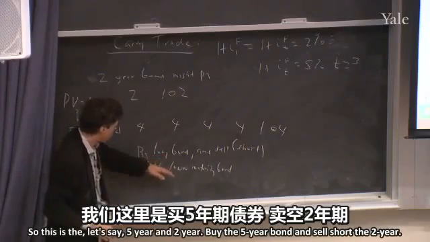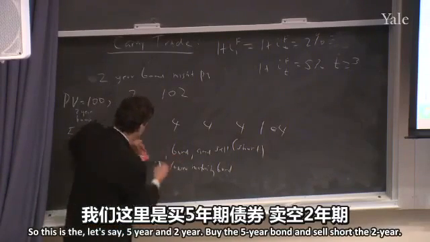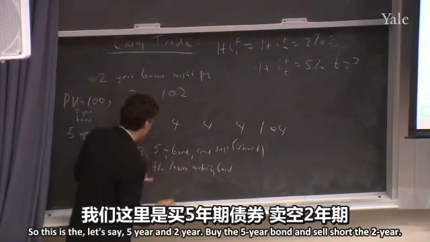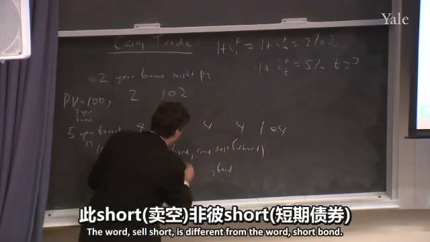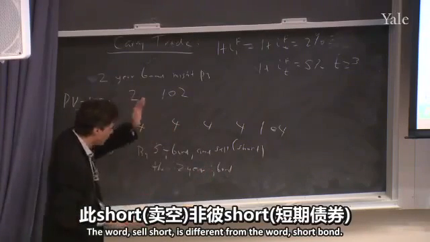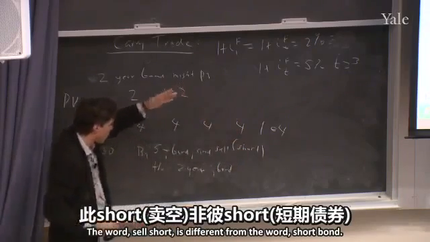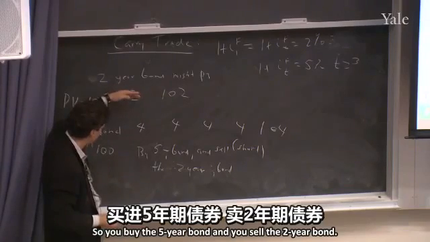Let's say the 5-year and 2-year: buy the 5-year bond and sell short the 2-year. Selling short is different from the word short bond. So you buy the 5-year bond and you sell the 2-year bond.